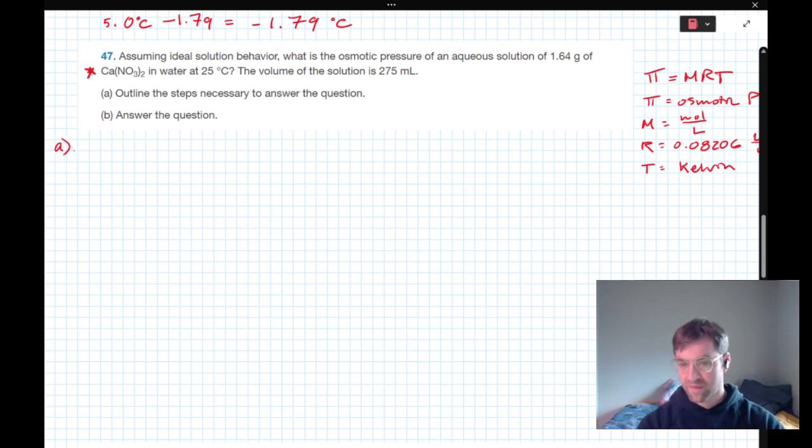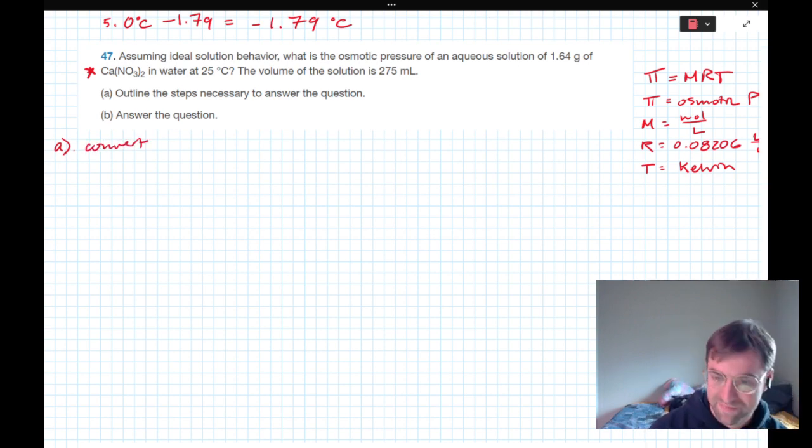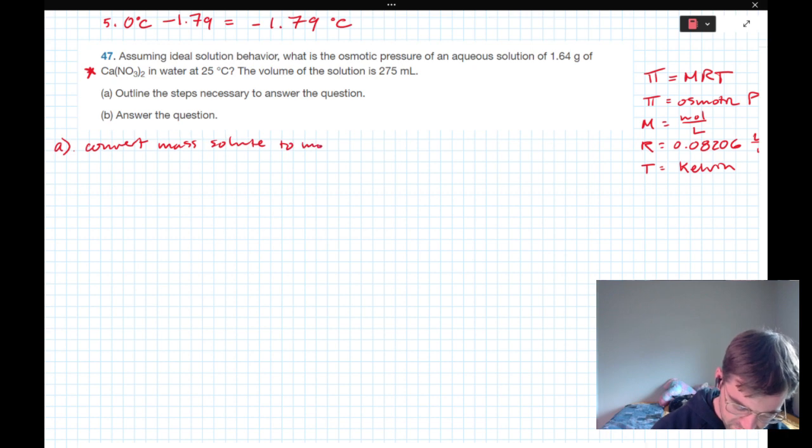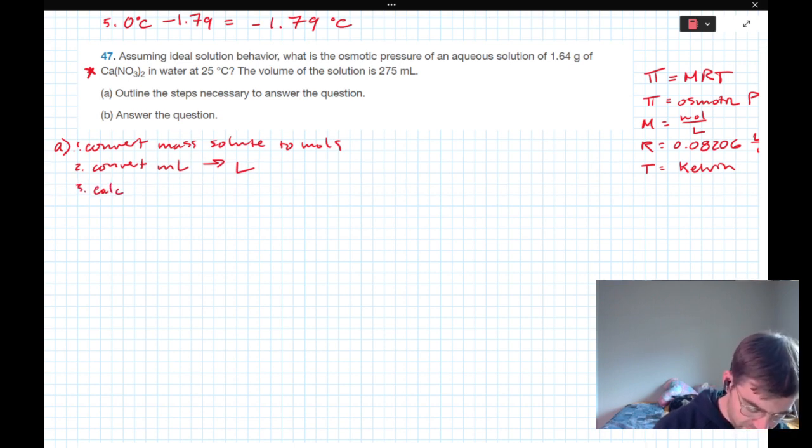All right. So step one, we still need to get to moles. Mass of solute to moles. Step two, we're given a volume in milliliters. We need to get to liters. We can then calculate our molarity.